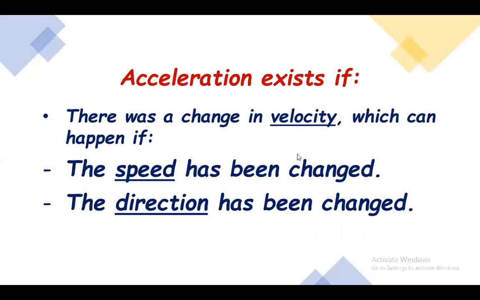Okay, we can have a change in velocity only if the speed has been changed or the direction of motion has been changed. Okay, if we change the speed of the object or the direction, we will change the velocity, and hence we will have an acceleration.